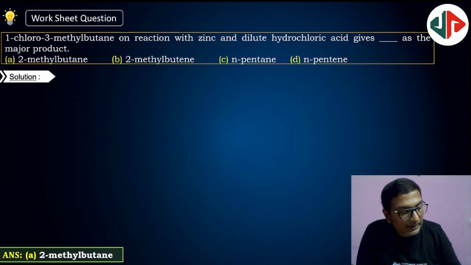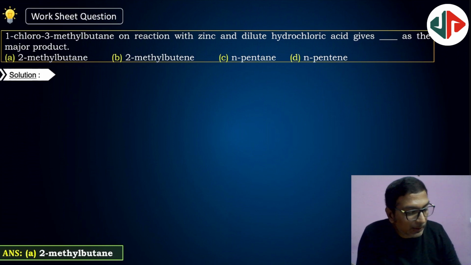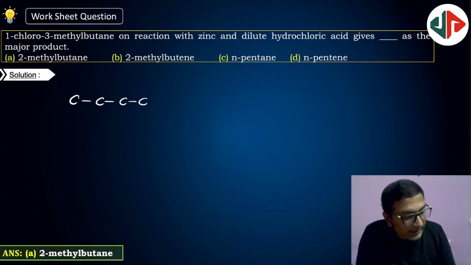See, the first question. 1-chloro 3-methyl butane. That means 1, 2, 3, 4. Say this is 1, 2, 3, 4. 1-chloro, 3-methyl, butane. The remaining all are hydrogens.